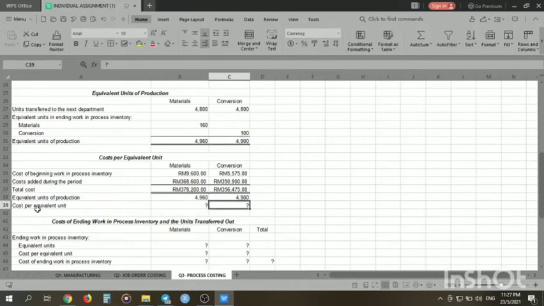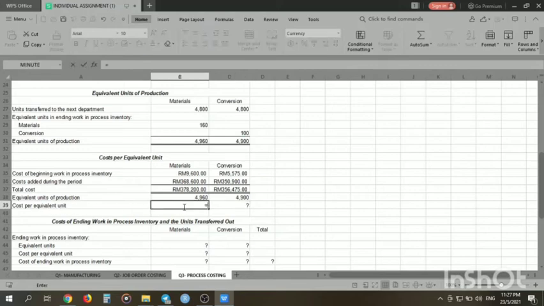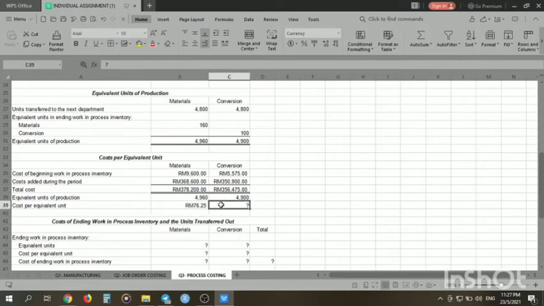To get the cost per equivalent unit, total cost should be divided by equivalent units of production, and same goes to conversion costs.